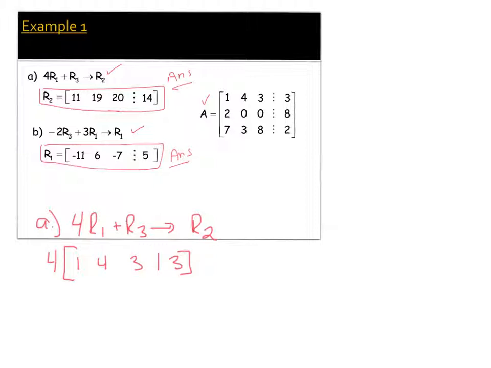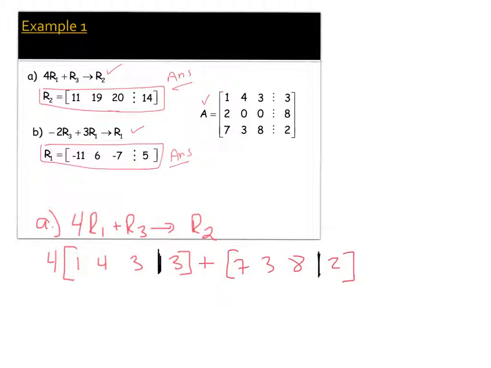Okay, so anyway, what I've done here is I've written this all out, and you don't necessarily have to write it all out. This guy right here is the bar to separate the coefficients from the constants.